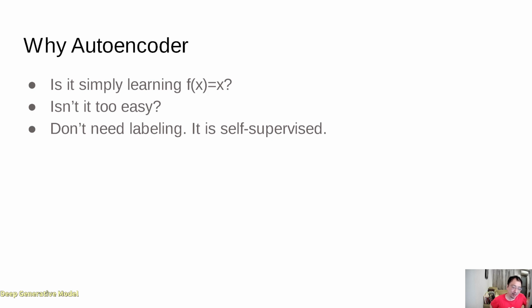I don't know why you need to train this autoencoder, for exactly the same reason: it is too easy. There's no meaning to training an identity function unless you give some restriction.